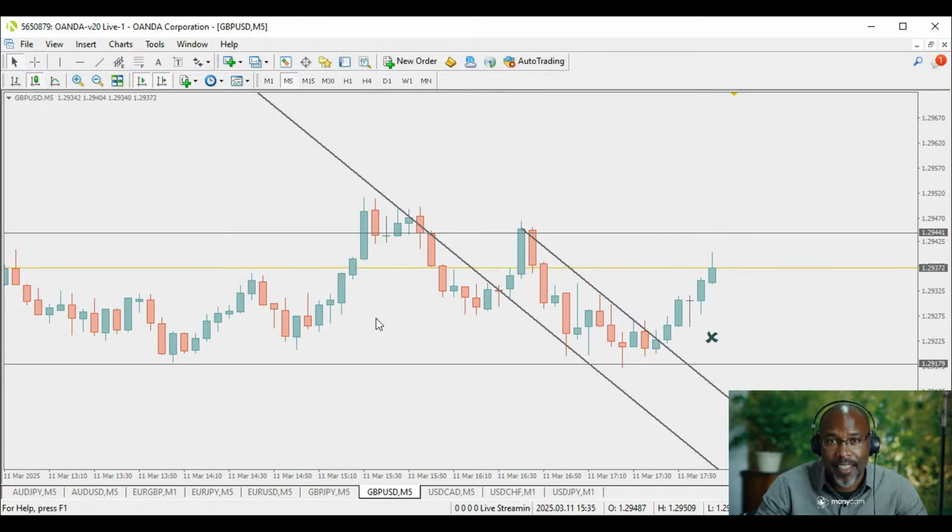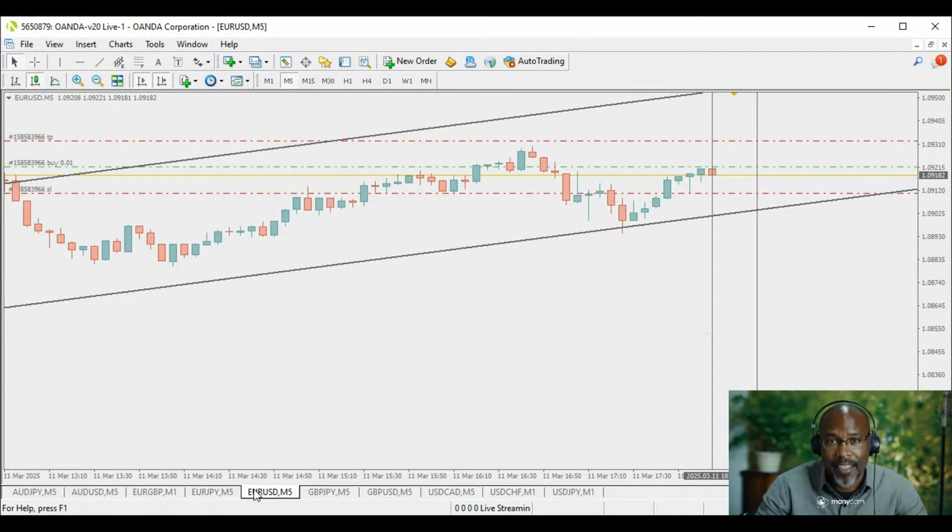How is the euro dollar US dollar doing? Not well. This price action is still bullish. So let's see if it ultimately continues climbing.